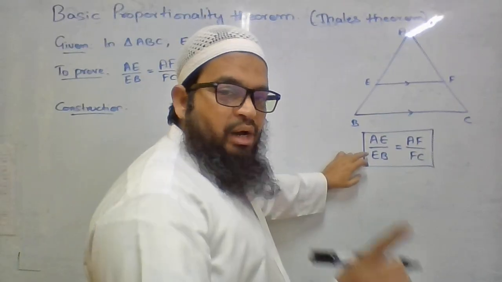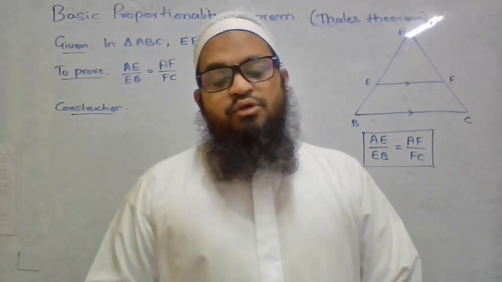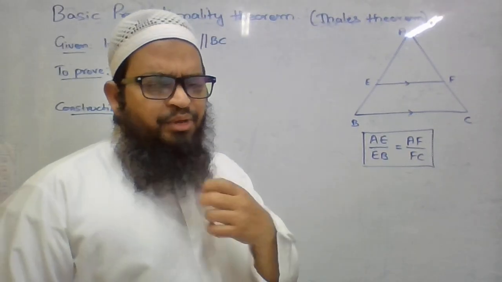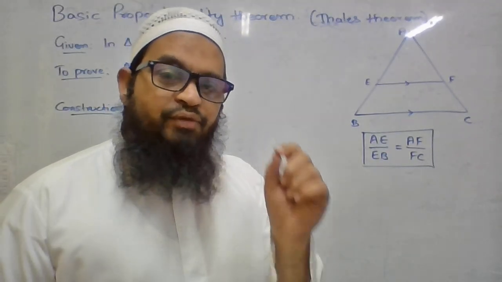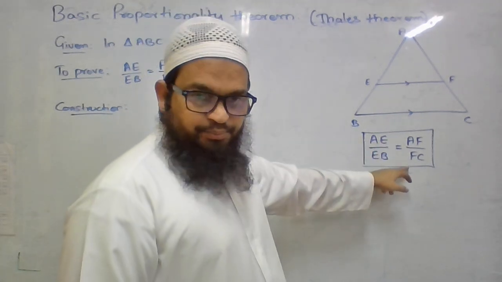So I have to prove it with the concept of areas of triangles. Understood? So here two concepts are there mainly. One is you remember the area of the triangle, and you have to take the area in the order which is asked.